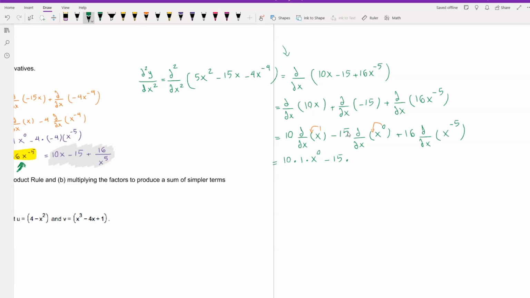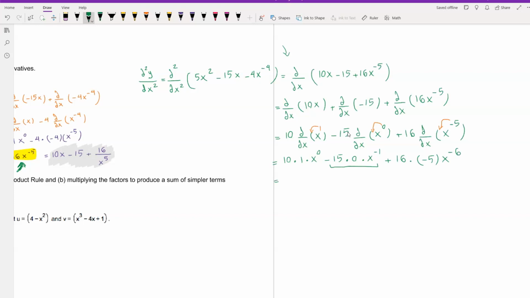So negative 15 times 0 times, it doesn't matter what you have here, we're going to have 0 minus 1, and that will be x power negative 1. So the answer for this part, that part will be 0. Then plus 16 times, move this one to left side, that is negative 5 times x power is negative 5 minus 1, that is negative 6.